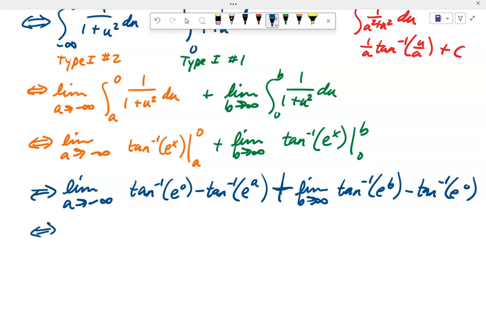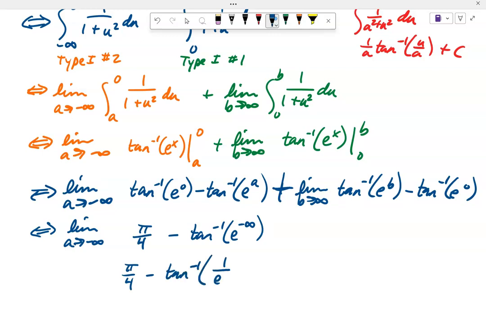And so we've got arctangent of 1, that'd be pi fourths, minus, and then if we run arctangent of e to the negative infinity, you can think of that as arctangent of 1 over e to the infinity.